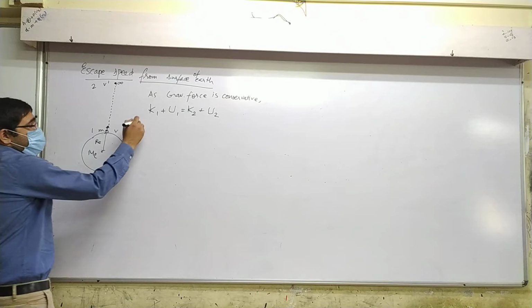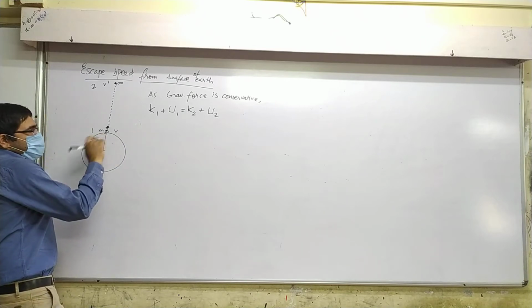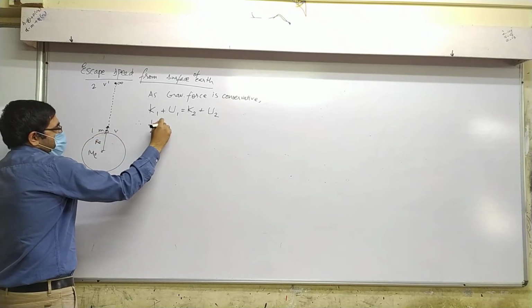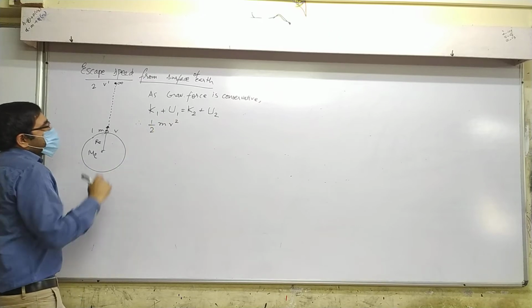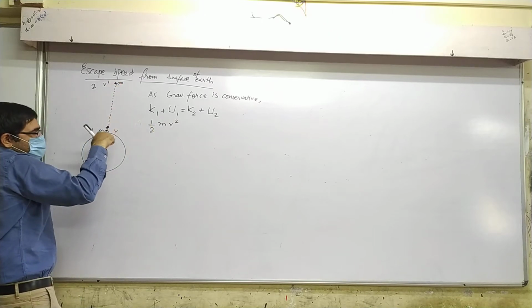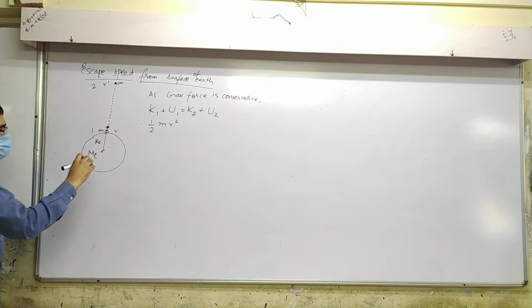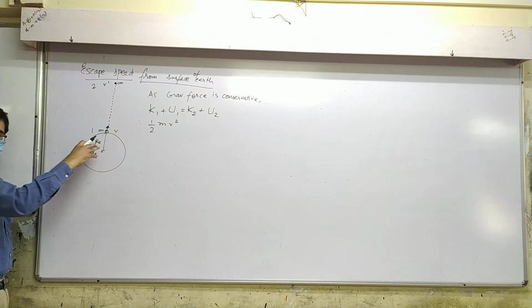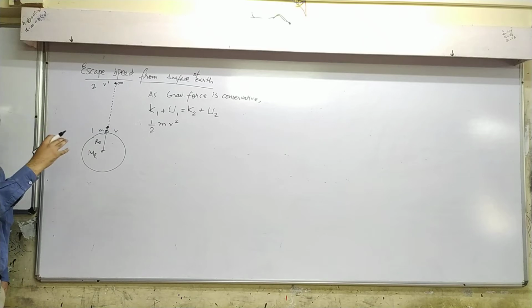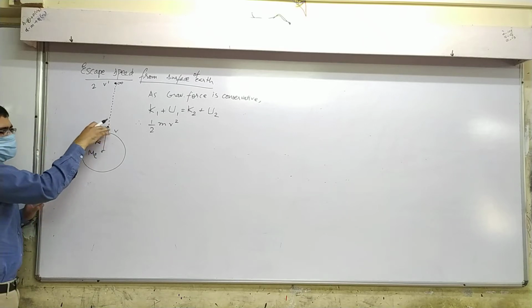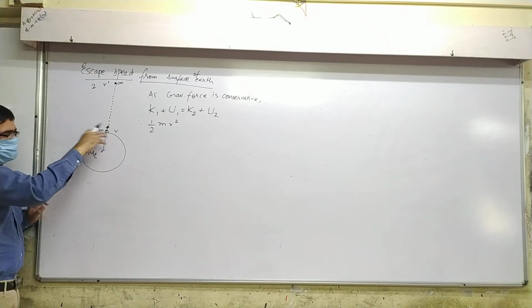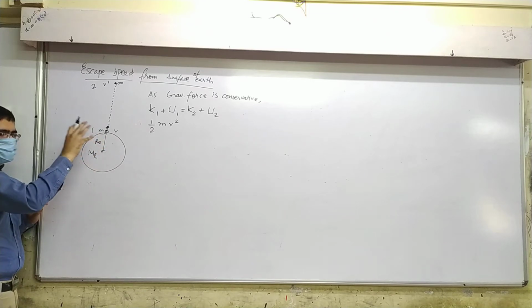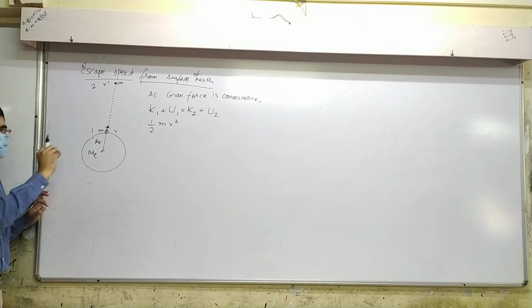Now, K1, the initial kinetic energy, is half m v squared. And the potential energy at the first point: when there is some mass m outside a sphere and we want to find potential energy, outside a sphere is simple. We just consider that the whole mass of the sphere is concentrated at the center.